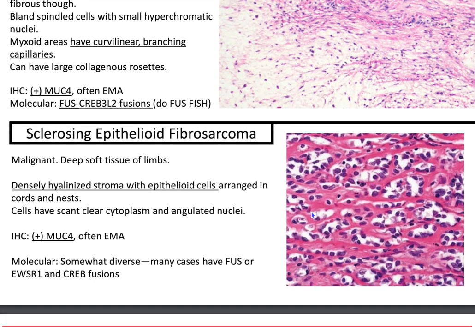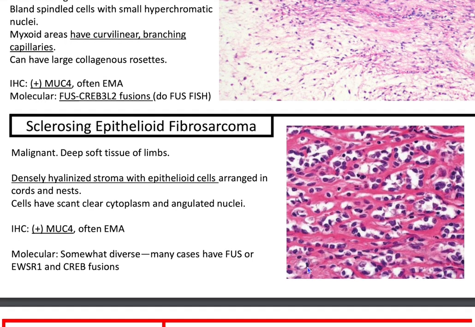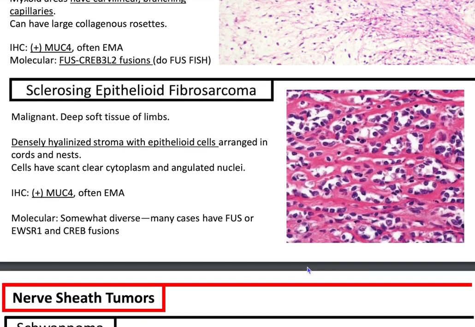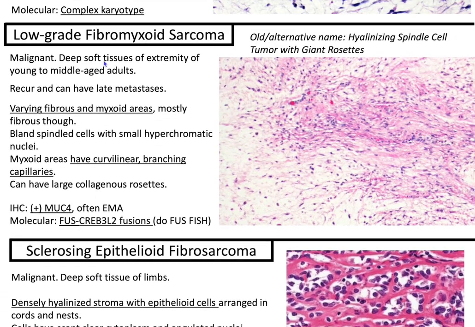And you'll see this densely hyalinized stroma with epithelioid cells arranged in cords and nests, and cells have scant, clear cytoplasm and angulated nuclei. So molecularly, it's somewhat diverse, but many cases have FUS or EWSR1 and CREB fusion, and it's thought to be a spectrum to low-grade fibromyxoid sarcoma.